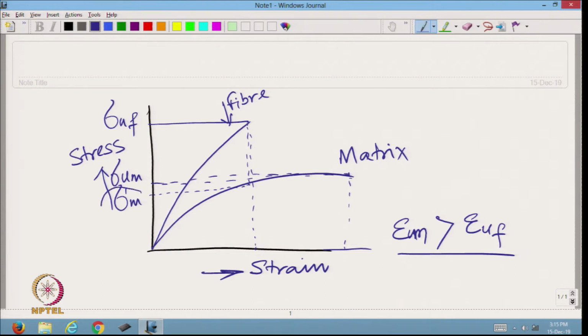Sigma dash m is the stress on matrix when the fibers are breaking, because matrix is having higher breaking stress.